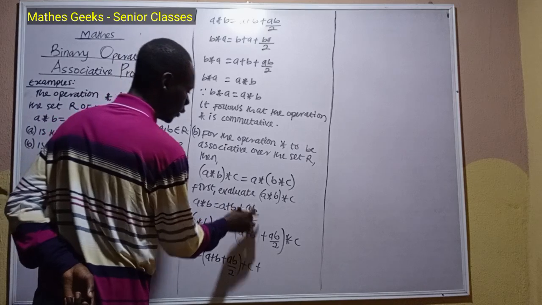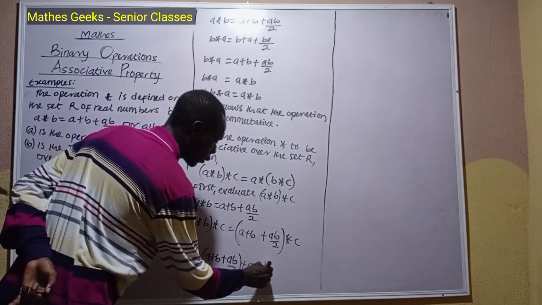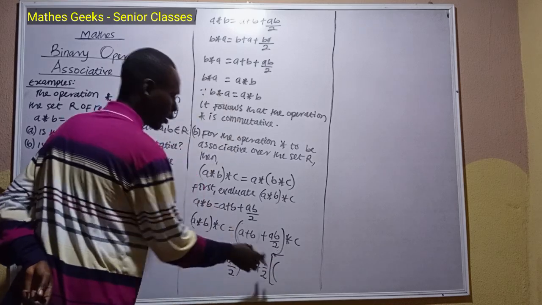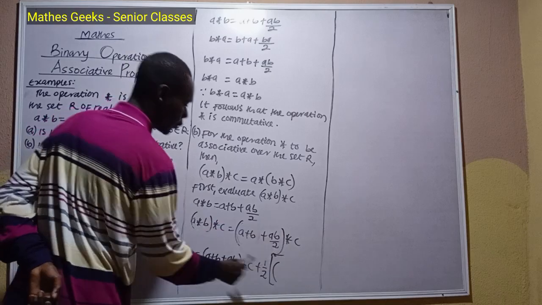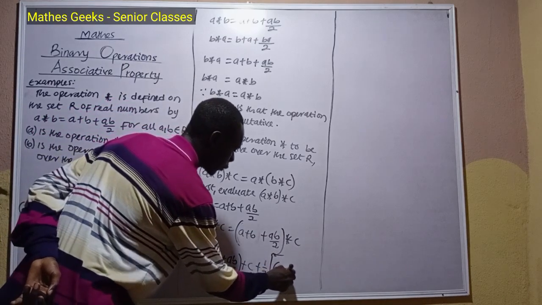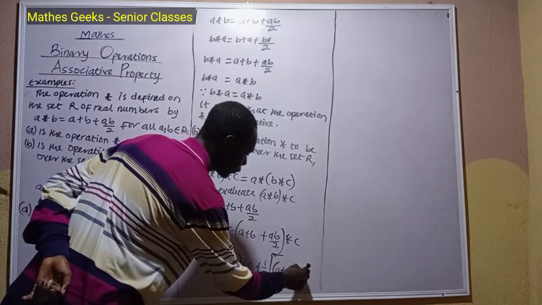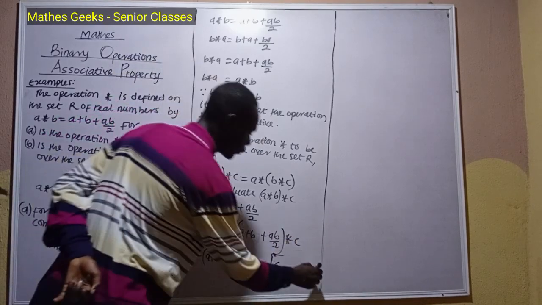Now AB is divided by 2, so bring our 2 out, and then half. Now A here is the whole of this, so A plus B plus AB over 2 times C.